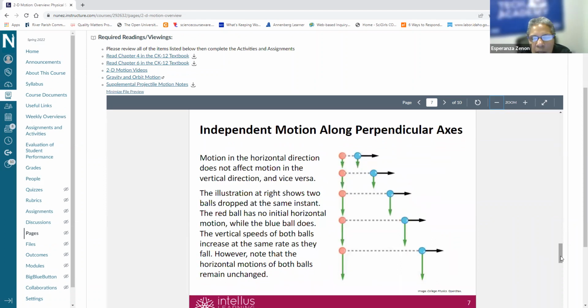And so while we are dealing with an object that is moving in 2 dimensions, we're gonna simplify that drastically, okay? The way we do that is to simply say that even though the object is moving horizontally and vertically, we can separate those 2 motions, and they act independent of each other.